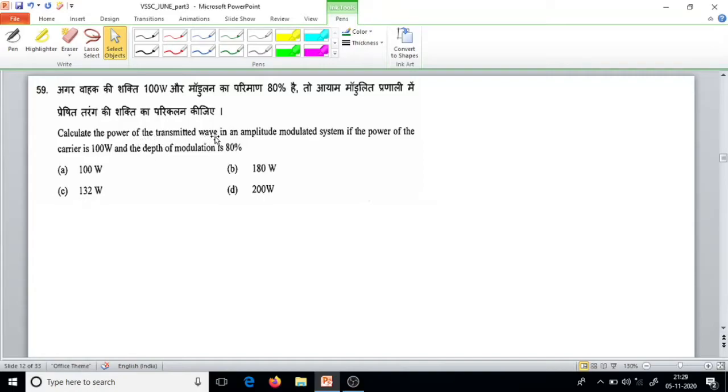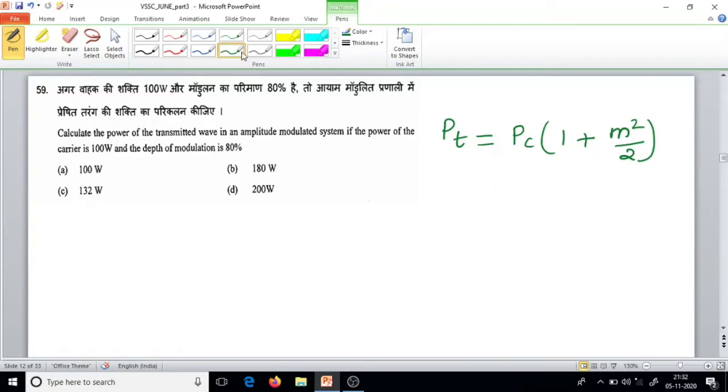Calculate the power of the transmitted wave in an amplitude modulated system if the power of the carrier is 100 watt and the depth of the modulation is 80%. PT, total power, equals carrier power multiplied by 1 plus m square by 2.